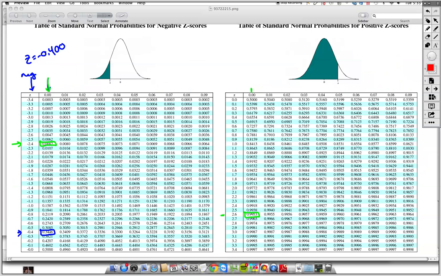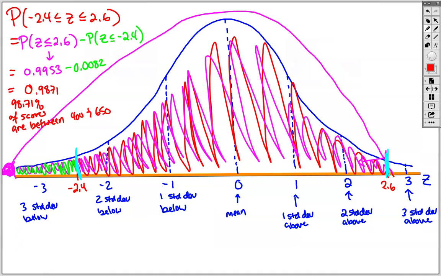And then I moved over here and I plotted those two z's on our z standard normal curve. And I wanted the area between those two guys. And I said that's equal to the area to the left of this 2.6 minus what's to the left of this negative 2.4.